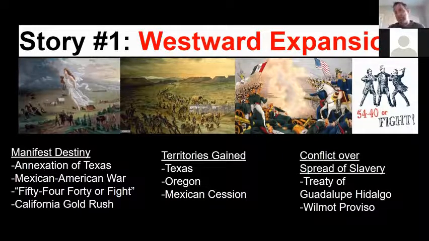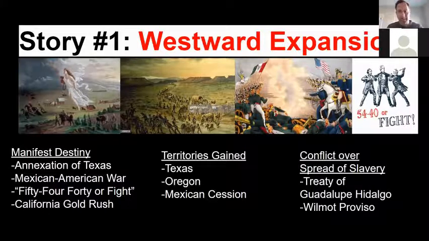All of this is part of this idea of westward expansion and of manifest destiny. And through these actions, we end up rapidly expanding the size of the United States. So Texas becomes a part of the United States.